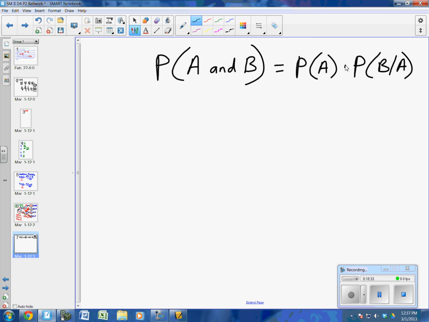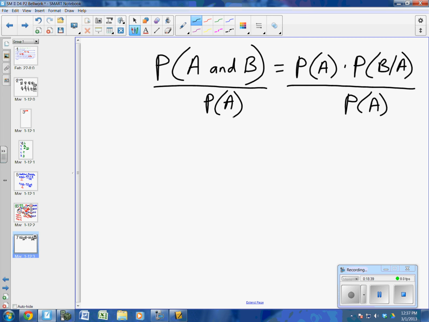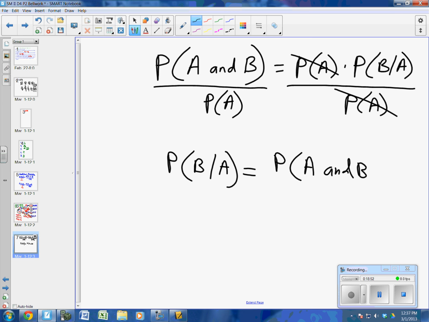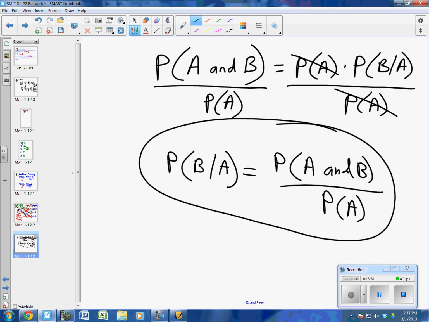We're going to divide it by P of A. If I divide this by P of A, Jenny got it right there, they cancel out right there, right? And I'm given the probability of B given A is equal to the probability of A and B, the intersection, in other words, divided by the probability of A. That is our notation. Now, I don't know if you guys noticed, this is much simpler than doing it without the notation, right?